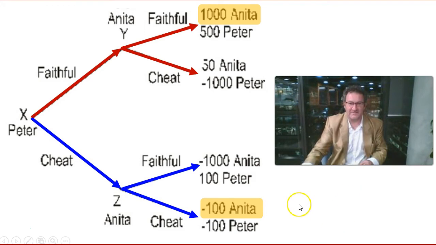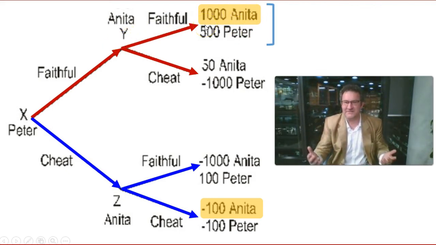So Peter realizes that Anita's strategy, what she'll choose, either to cheat or to remain faithful, will depend on what he chooses to do. So what should he choose to do? Should he choose to cheat or remain faithful himself? If he remains faithful, he deduces that Anita will remain faithful.